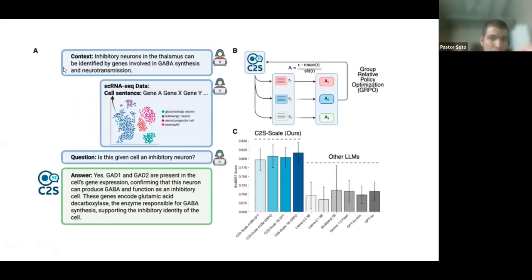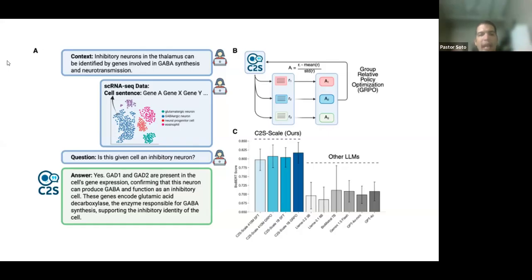So going through this, this is essentially how it will work with the context. The context says, okay, you have inhibitory neurons in the thalamus that can be identified by genes involved in GABA synthesis and neurotransmission. These are facts that you have in your context. So you have the cell sentence, with a gene ranking and everything, and you ask the question, is this given cell an inhibitory neuron?